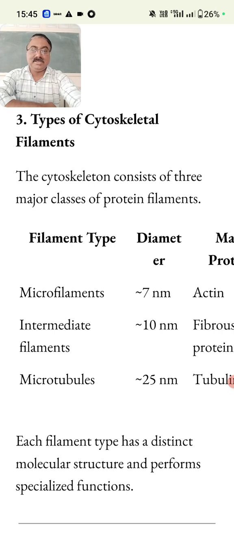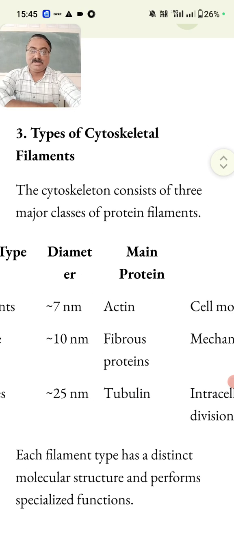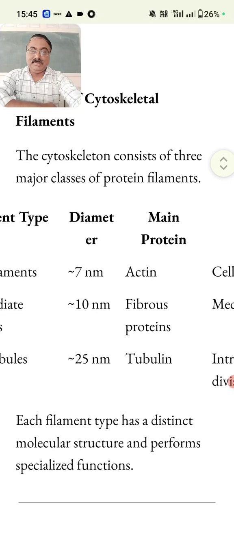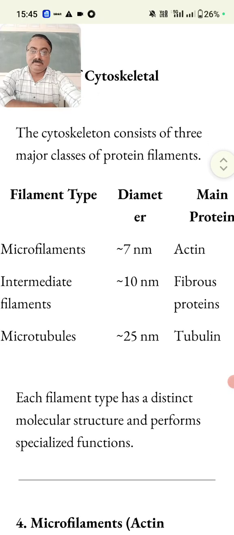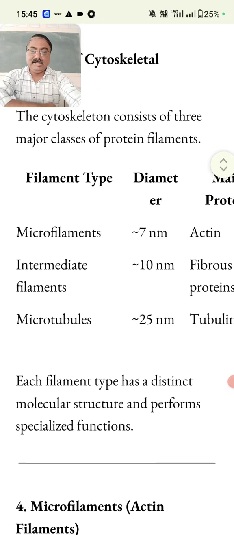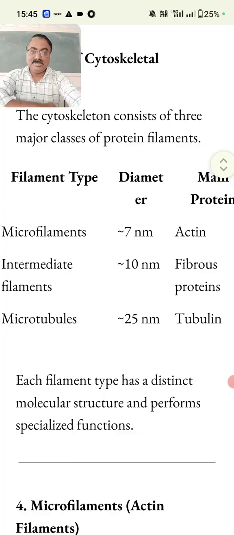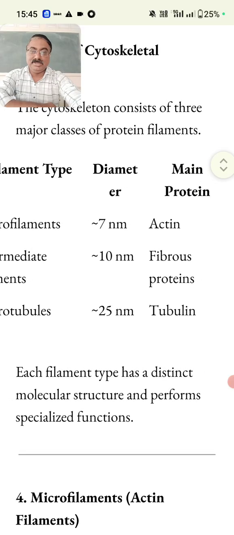The diameter is 10 nanometer, and for microtubules, the diameter is approximately 25 nanometer in size. The main proteins present in these filaments: actin in microfilaments, fibrous proteins in intermediate filaments, and tubulins in microtubules.